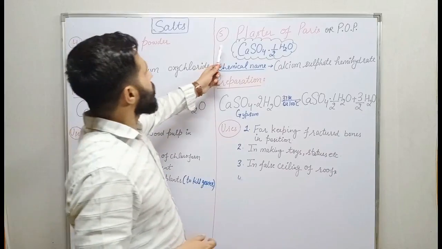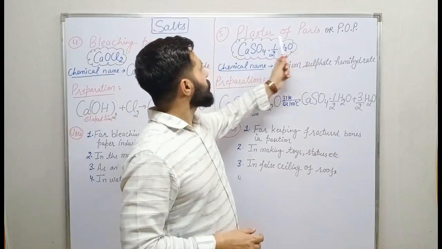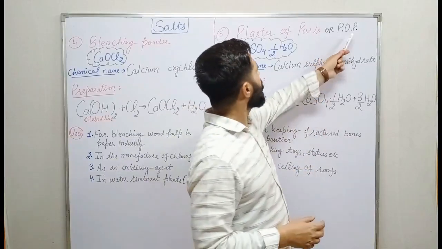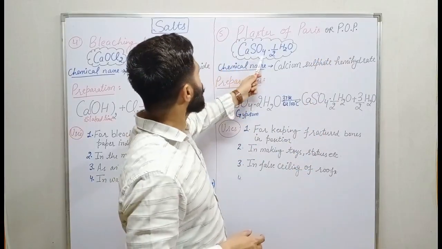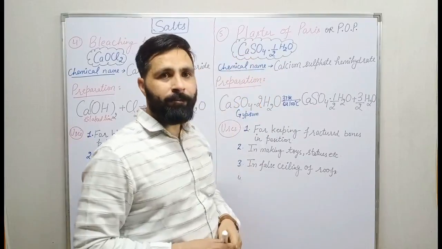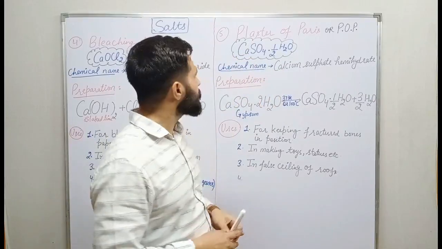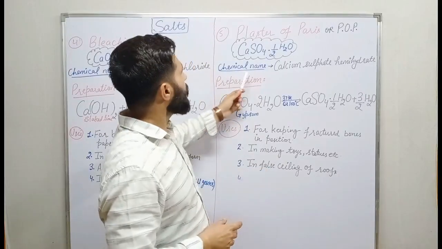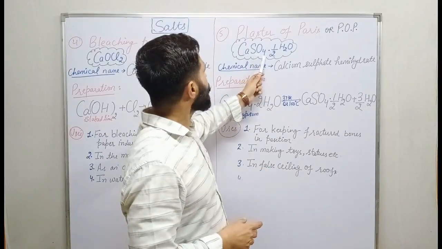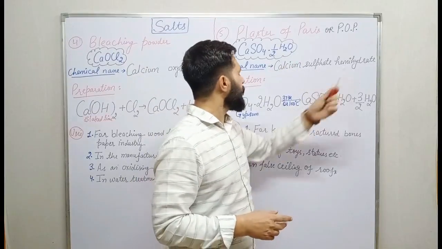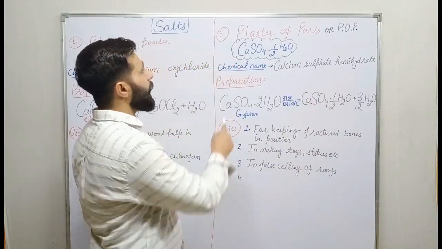So last salt, plaster of Paris, called POP. Its formula is CaSO4·½H2O. So general name POP or plaster of Paris. Chemical name is calcium sulfate hemihydrate. How is it prepared?